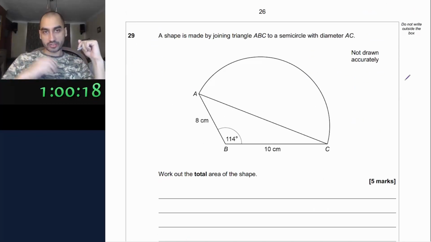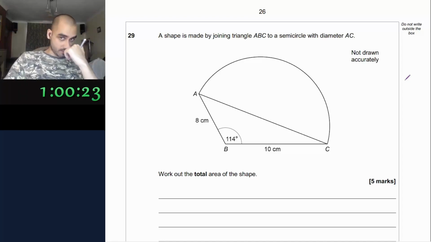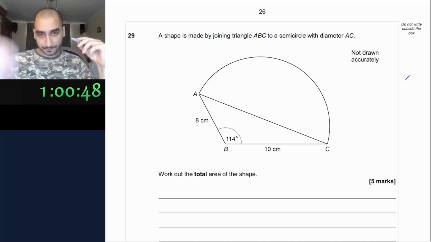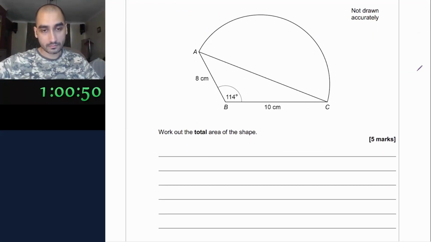A shape is made by joining triangle ABC to a semicircle with diameter AC. Work out the total area of the shape. 5 marks. Oh, okay. So we need the cosine rule to find AC, do we? Yeah. I don't remember.